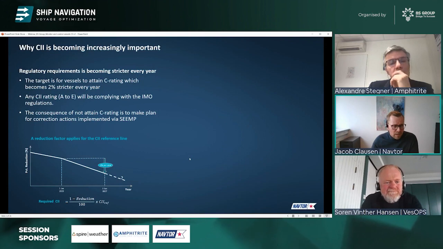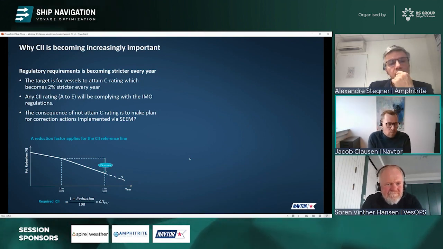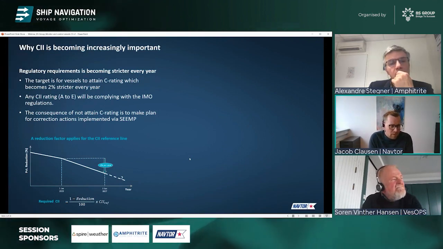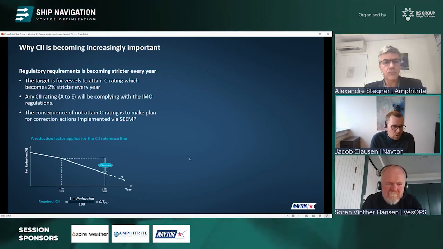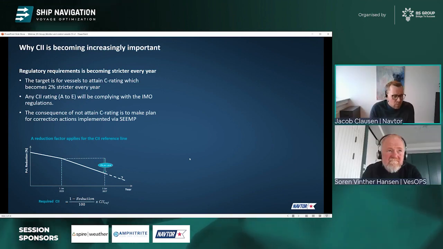So why is the CII becoming more important for the industry? Well, first of all, the target for achieving the C rating is becoming more and more difficult to achieve every year, as the reduction factor is 2% per year. The other part is that any rating in general, whether it's A or E, actually will comply with IMO regulations.